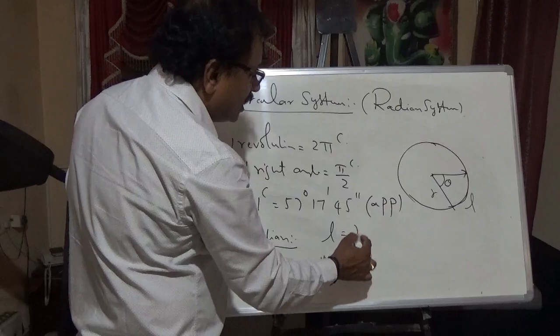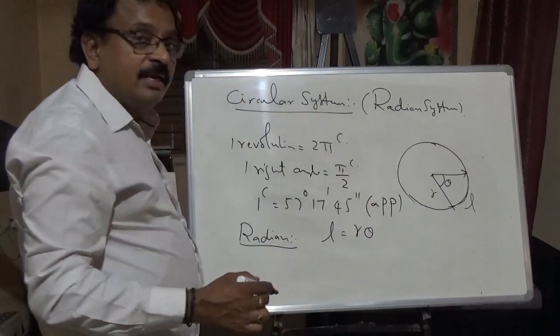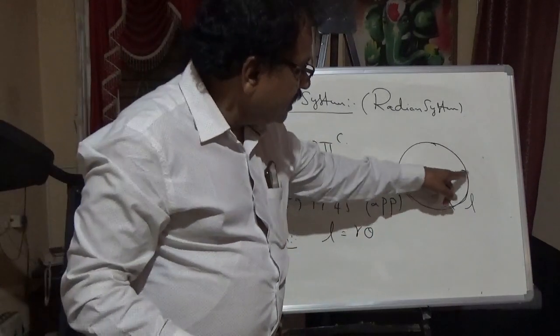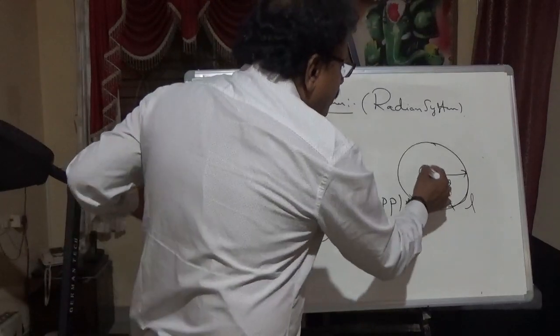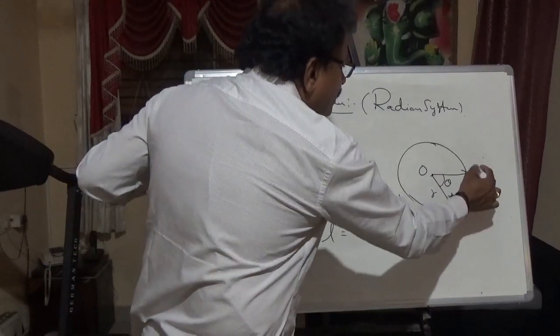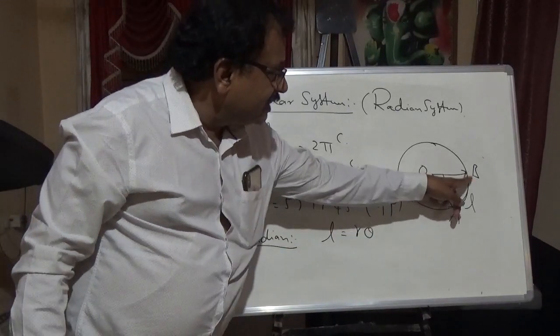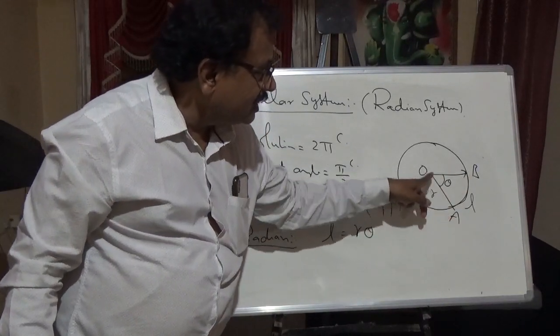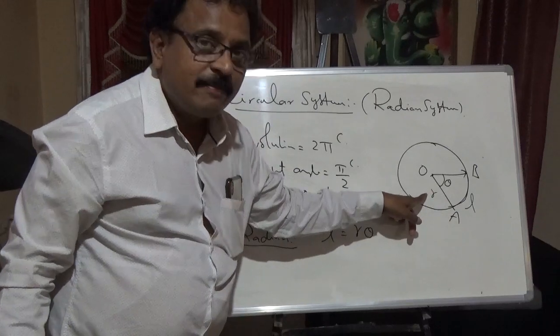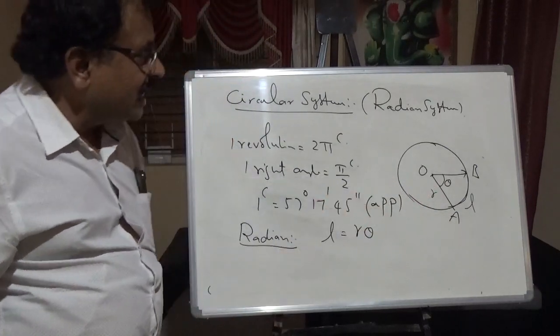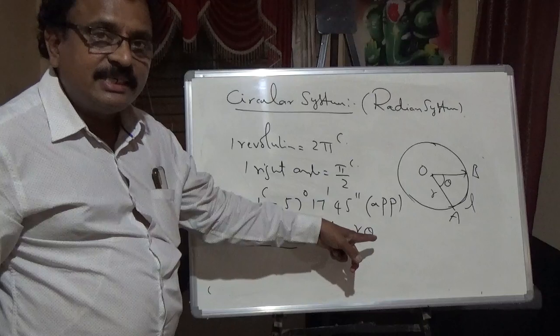L is equal to R theta. In this sector AOB, AB is the length of arc, OA is radius, and the relation between L, R and theta is L equals R theta.